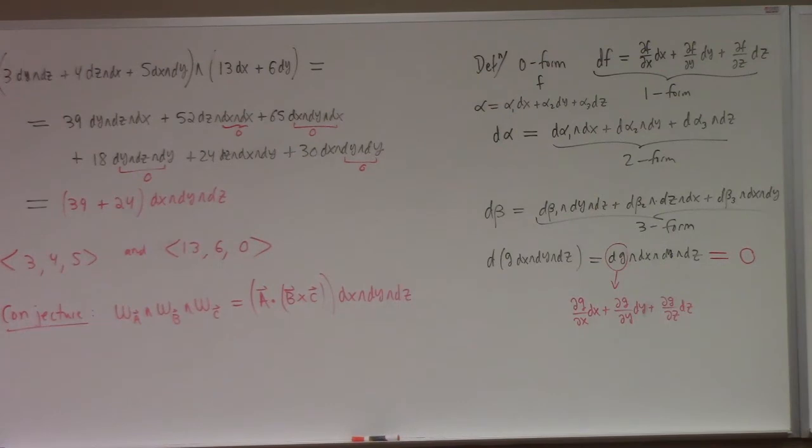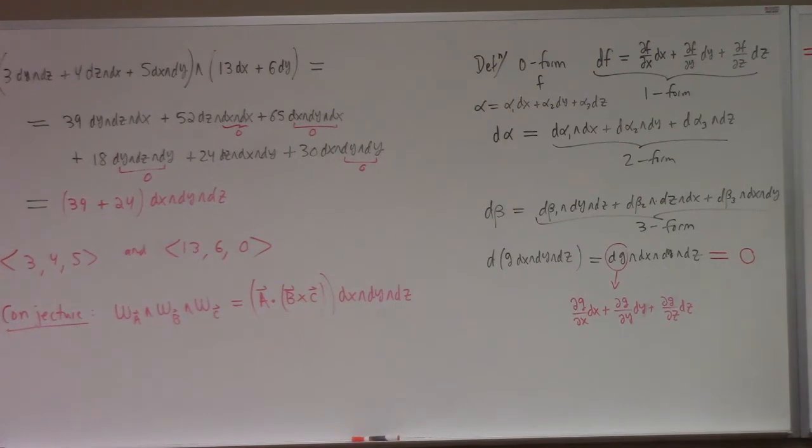So, you can already tell me what's the differential of a function. In terms of work, this is the work form of what? This is the work form of partial f partial x, partial f partial y, partial f partial z, right?